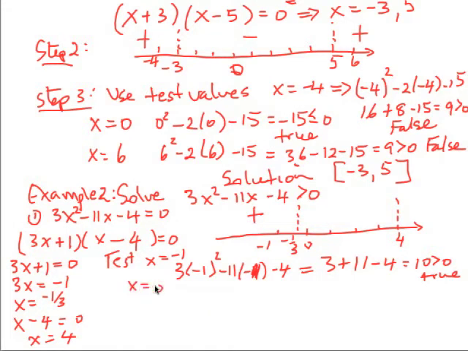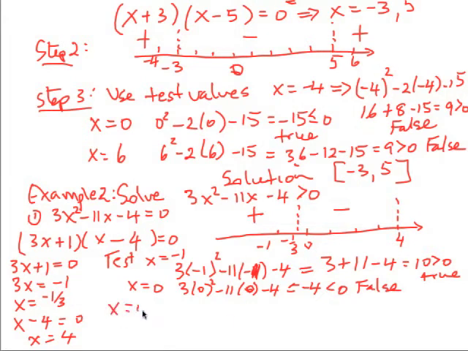What about when x is 0? Then I'll have 3 by 0 squared minus 11 by 0, which of course is 0, minus 4 of course, which is equal to negative 4, which is less than 0, so this would be a false result, and that's a negative right there.